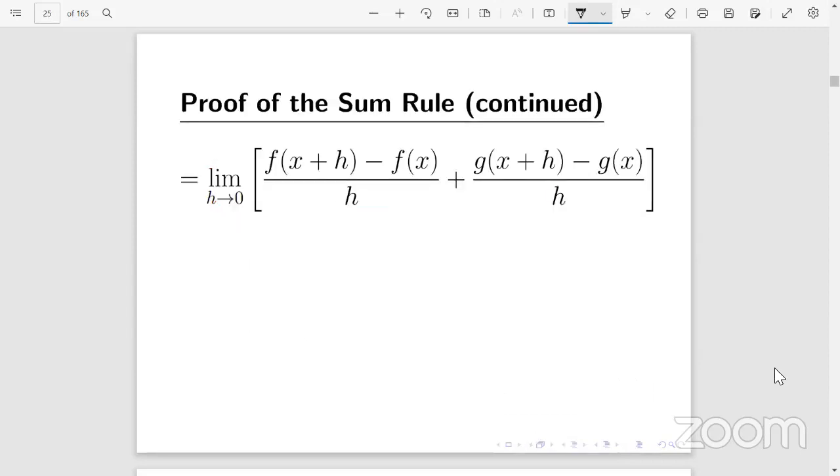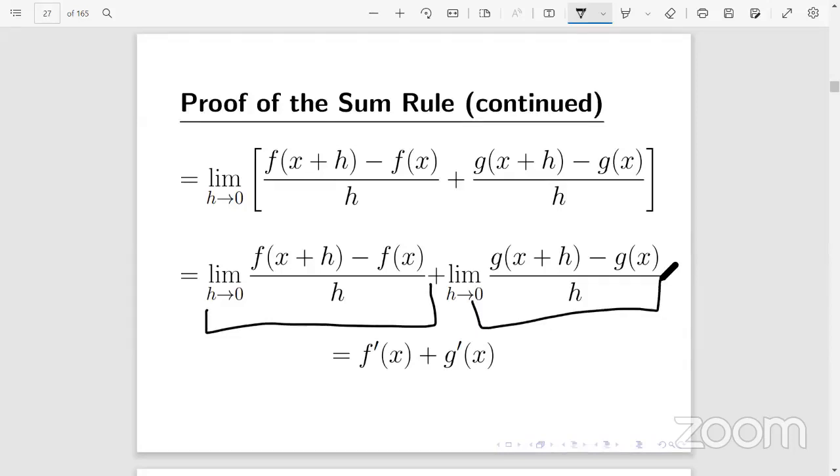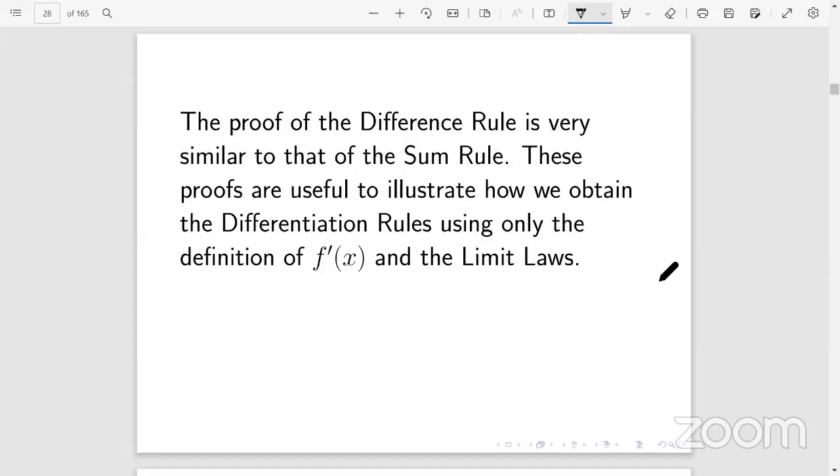So that's what we just did. According to the limit laws, we can distribute this, and this is what we have. So we can evaluate the limit, and as you can see, by the definition, this is f prime and this is g prime. So already we just proved that the derivative of the sum is the same thing as the sum of the derivatives.